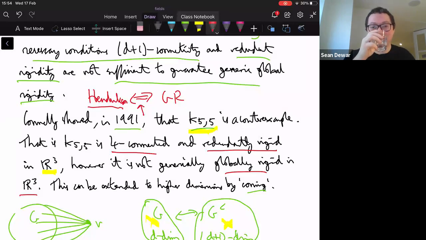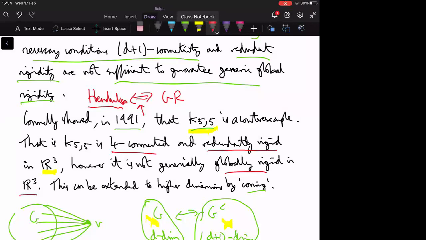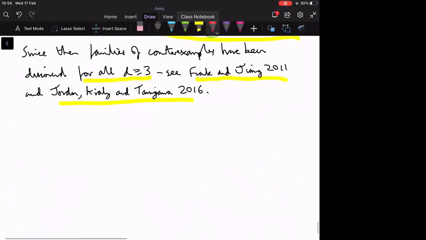Yeah, I think it's worth pointing out as well that in infinitesimal rigidity, if you have a graph and you find any non-generic rigid framework, then the graph is generically infinitesimally rigid. But it's not so easy for global rigidity. You could find a globally rigid framework of your graph, but you can't then conclude that this implies generic global rigidity.